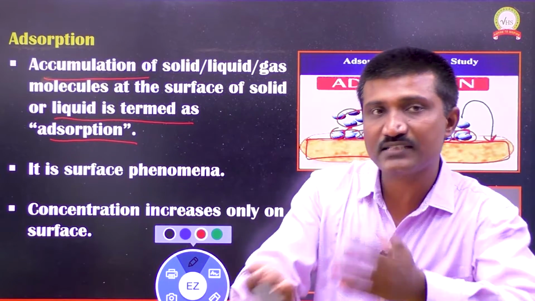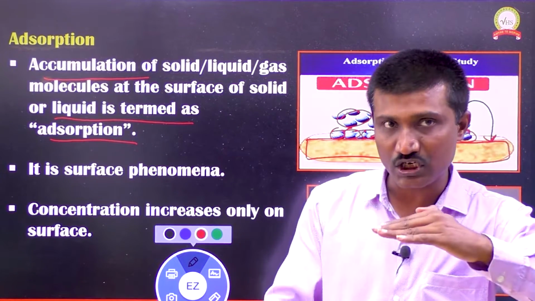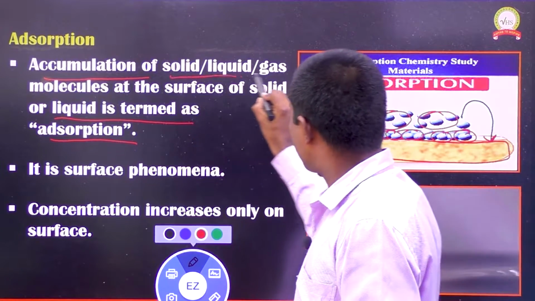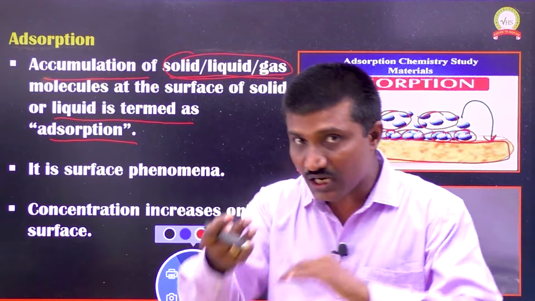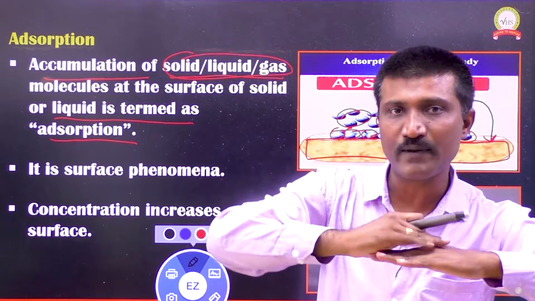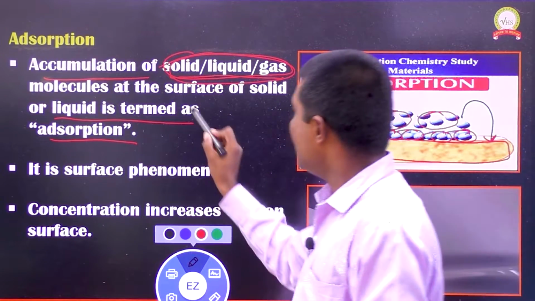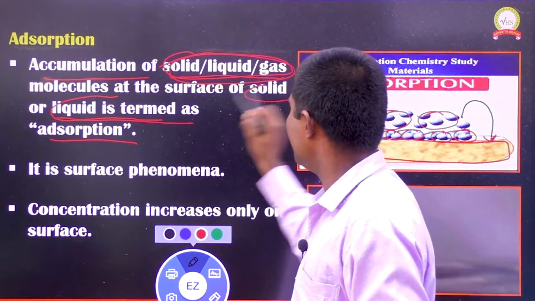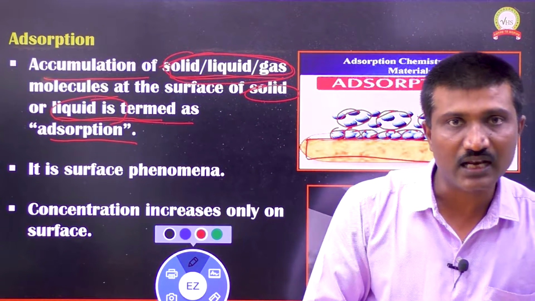Here, which type of particles may come and occupy, and which type of particles or molecules provide surface? The particles or molecules which are coming and occupying on the surface may be solid or liquid or gas, and the substance which is providing surface is either a solid or liquid.